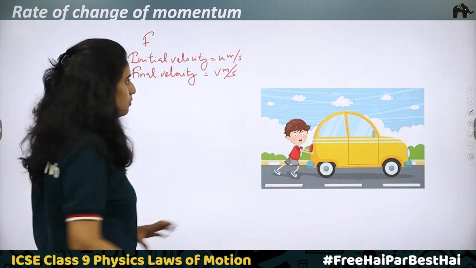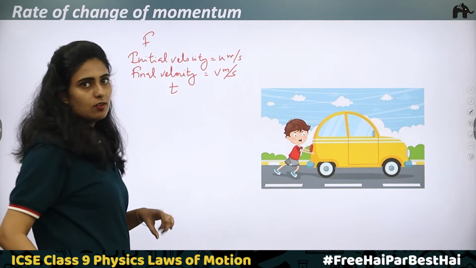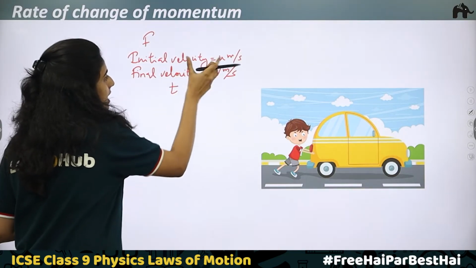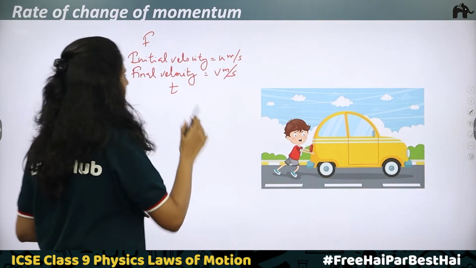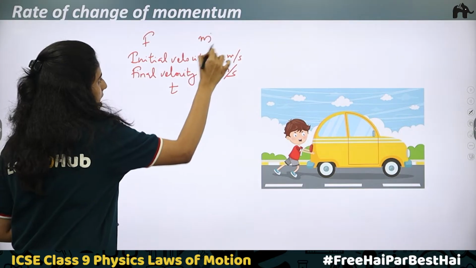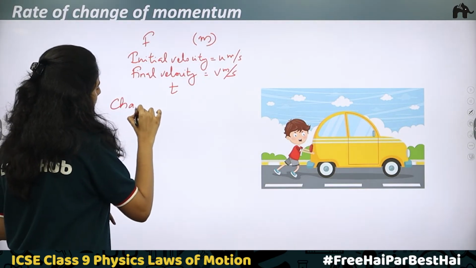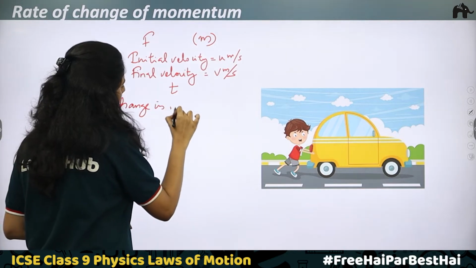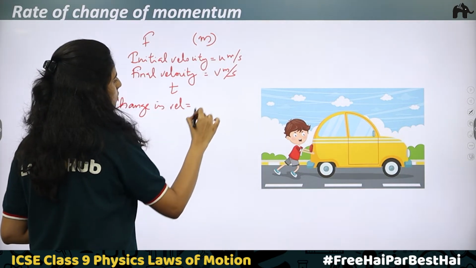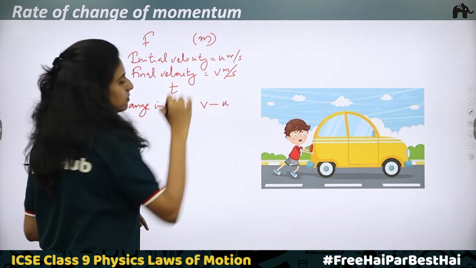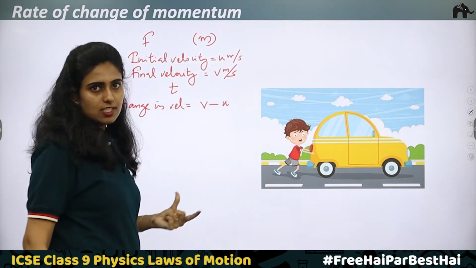By applying a force in a time t, there is a change in velocity. Let's say the body is of mass m. Now, what is the change in velocity? Change in velocity is equal to v minus u.